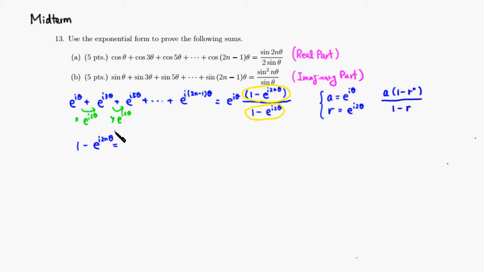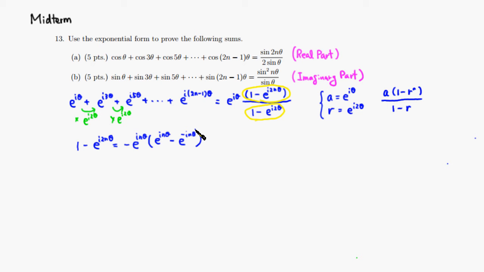Then I'm going to factor out negative e to the i n theta. Working on the second term, if you pull out negative e to the i n theta from negative e to the i 2n theta, you get e to the i n theta. And if you pull it out from 1, you get negative e to the negative i n theta.